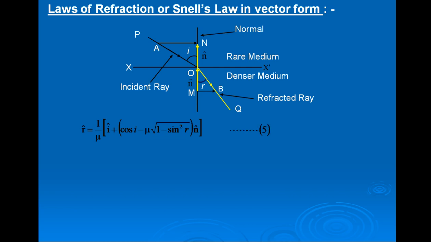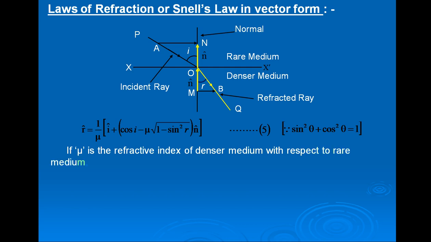Put this as equation number 5, because sin square theta plus cos square theta is equal to 1. Therefore, we can write cos square r is equal to 1 minus sin square r.